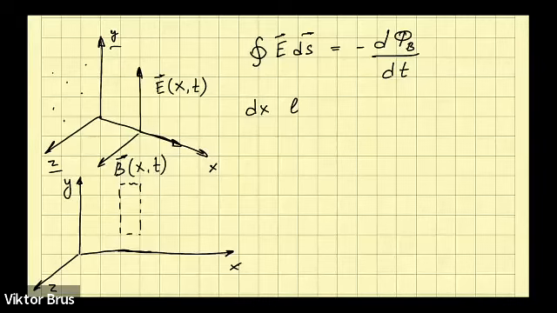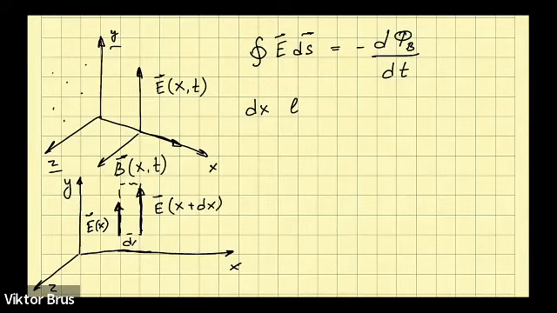So, as it is distributed along axis x, here will be vector E at position x. Here will be vector E at position x plus delta x.